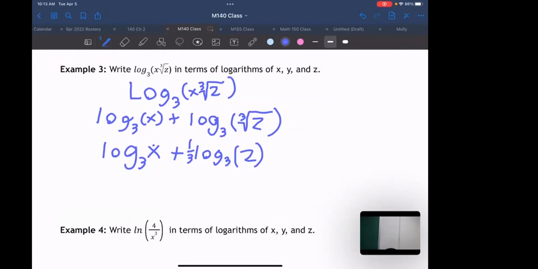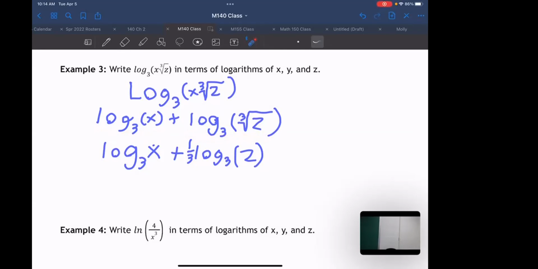Cole did example 3. Do you kind of want to take us through each of your steps? So, start on base 3. And then split that up into log base 3 of x plus log base 3 of c.